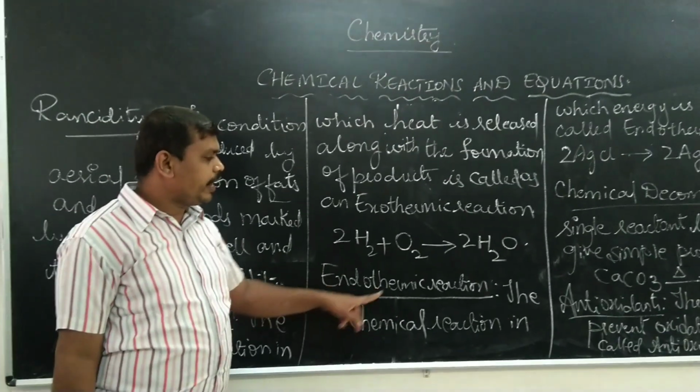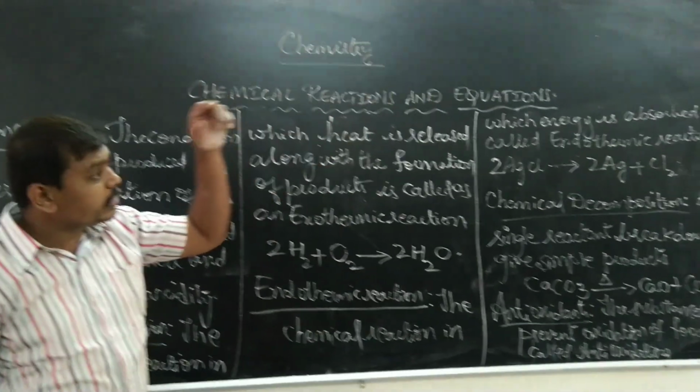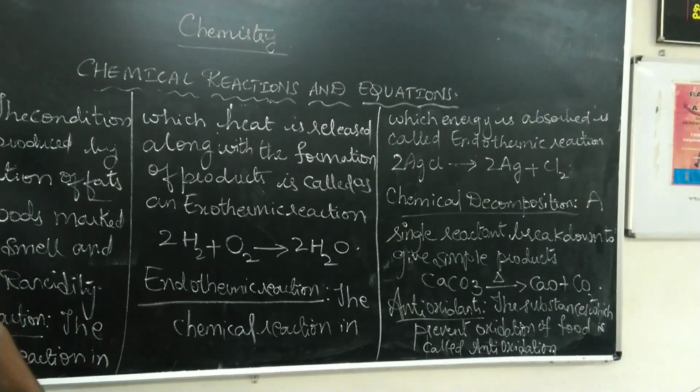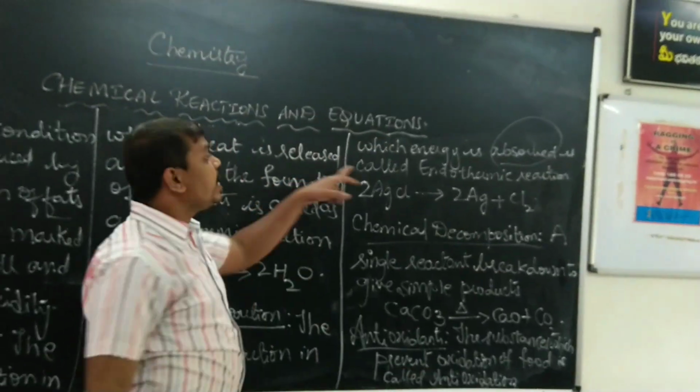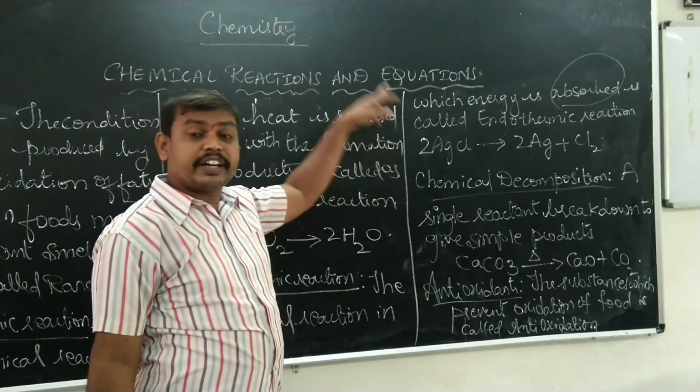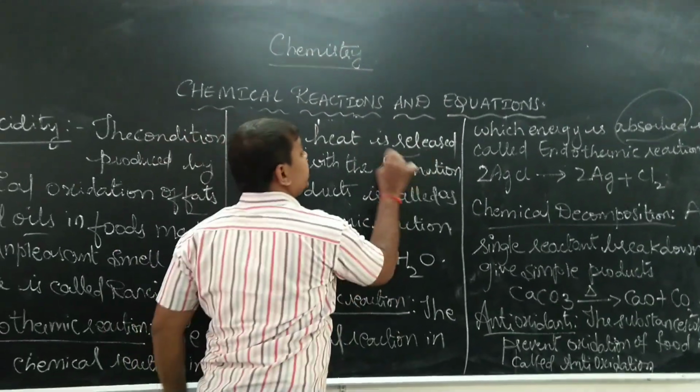The next one is the endothermic reaction. In an endothermic reaction, the chemical reaction is one in which energy is absorbed, whereas in an exothermic reaction the energy is released.